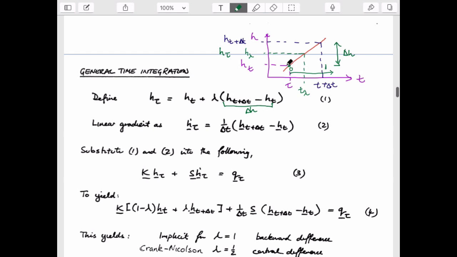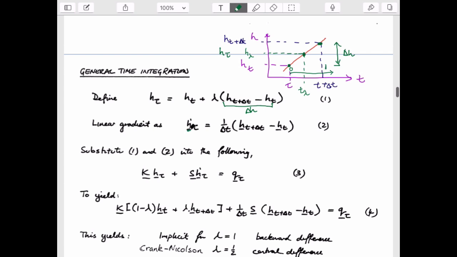So in other words, if it's 0, you're getting the value exactly at this position here. If lambda is equal to 1, then you're getting the delta H equivalent to this value, just by similar triangles, essentially, right? And so the idea is that instead of writing our equation at either t or t plus delta t, we can write it at any intermediate point here, which is what we're going to do.